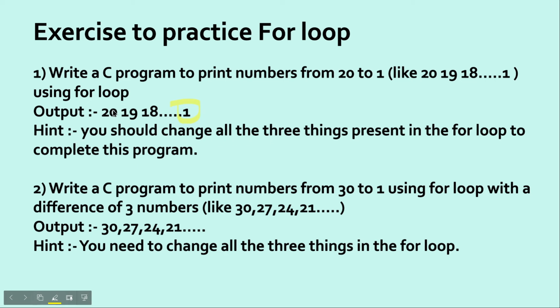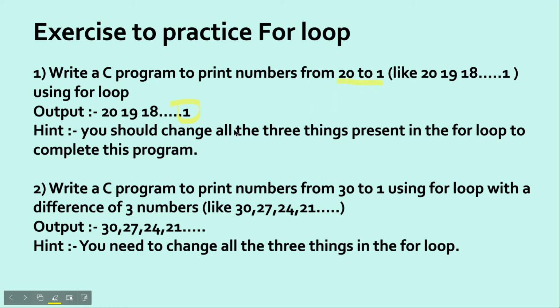The initial value is different than what we have done in the practical. The condition is also different because we are going in the backward direction. And of course the third one, the increment or decrement statement, will also change because we are moving from 20 to 1, not 20 to 50.